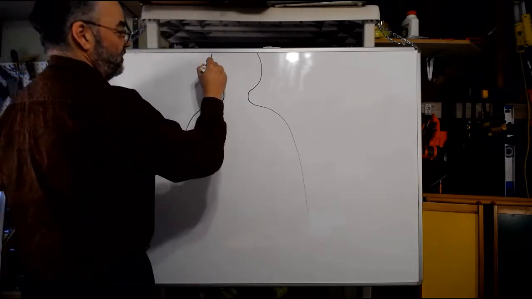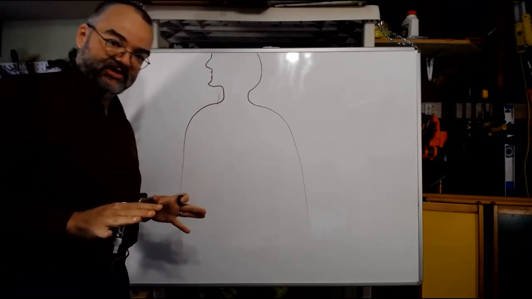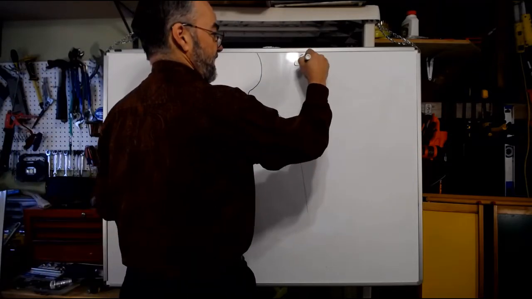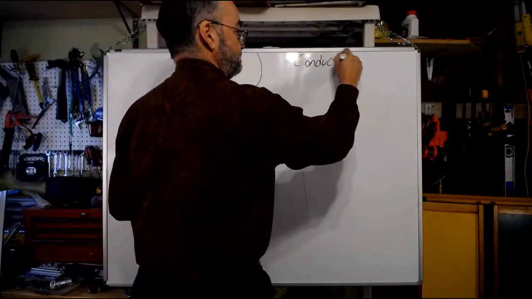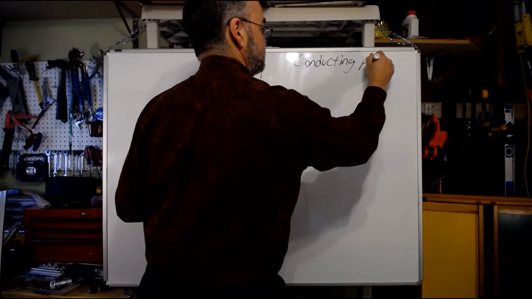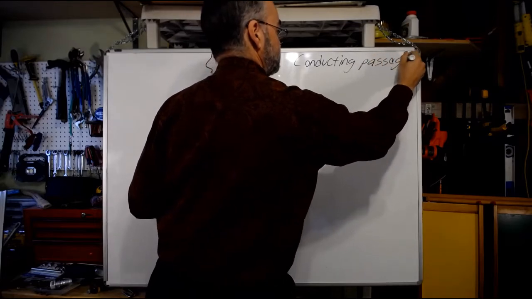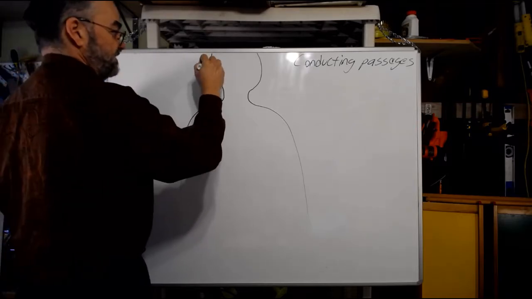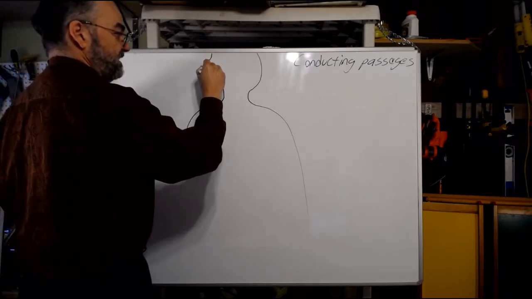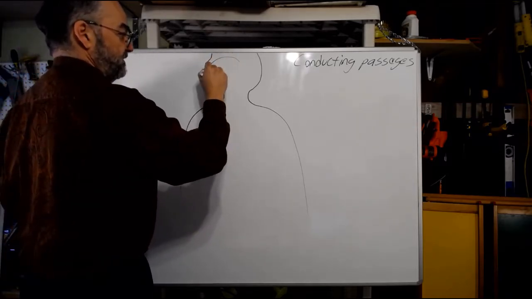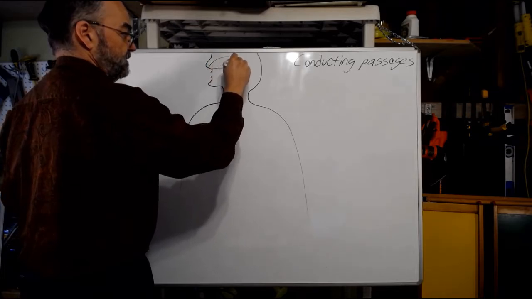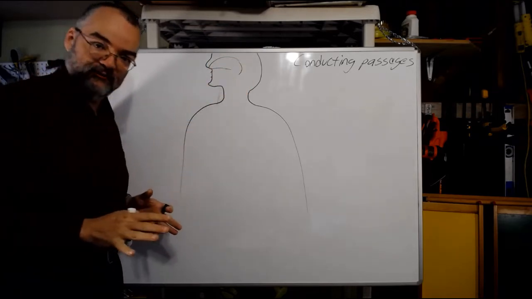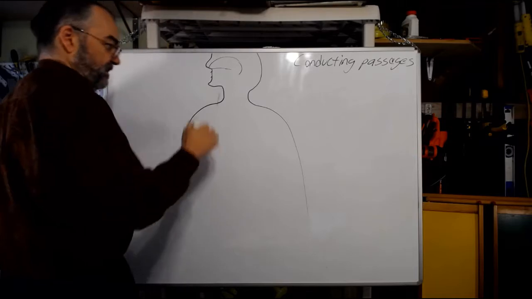So, when we start by talking about the respiratory system, we're going to start with the conducting passages. These conducting passages are the ones that just bring air in from the outside and prepare it for the respiratory passages which come later on.